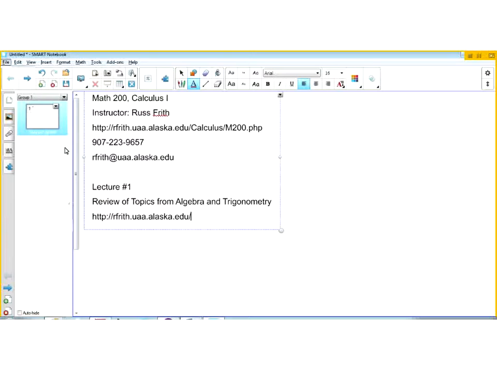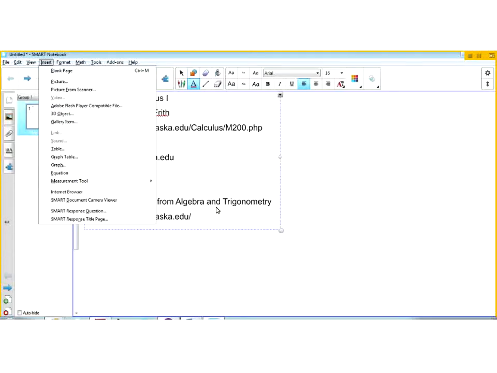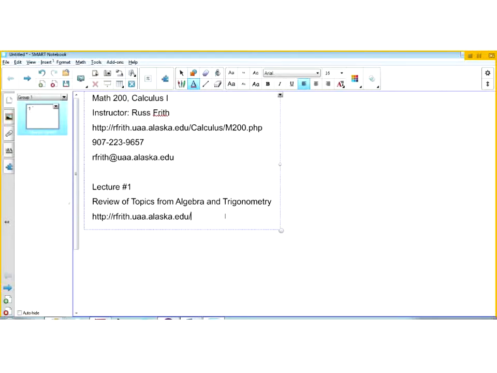So to begin with, we'll talk about the notion of a function. So what is a function?